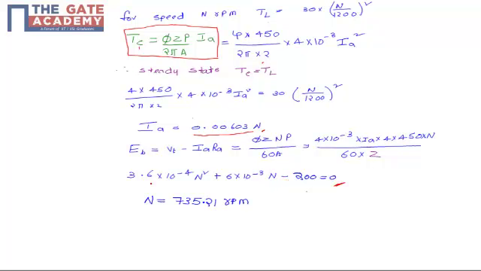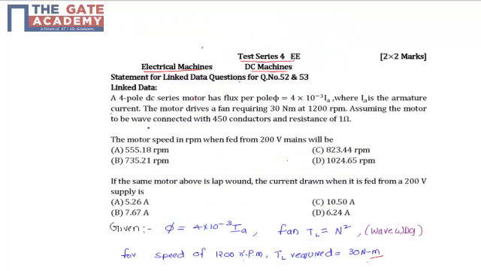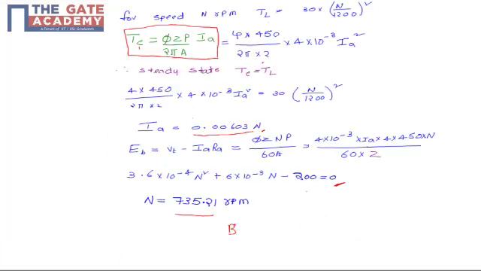After solving this equation, we get the speed of the motor as 735.21 RPM when it is connected to 200 volts. So the answer is option B.